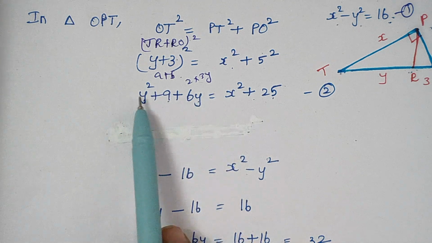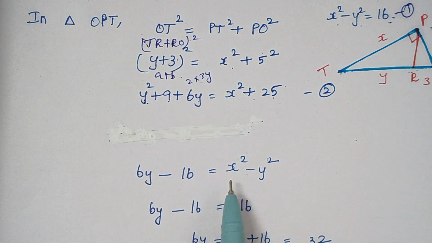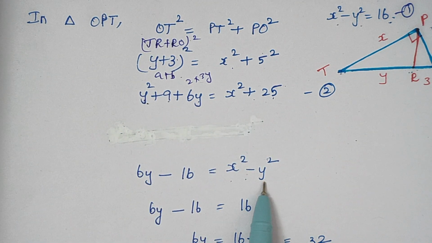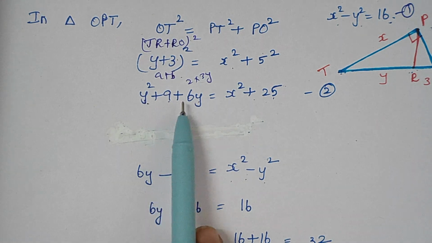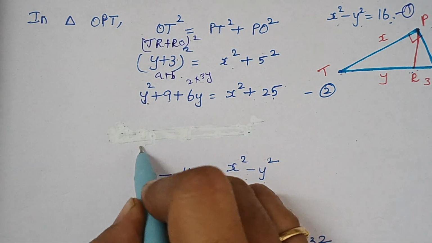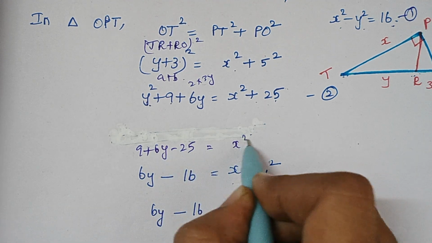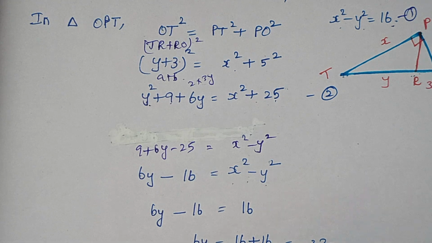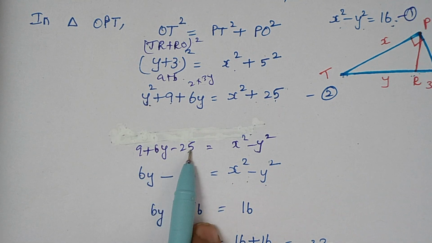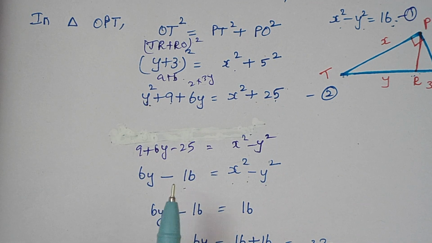So what happens? Here Y square becomes minus, therefore X square minus Y square is equal to 9 plus 6Y minus 25. When you solve, 9 minus 25 gives you minus 16.